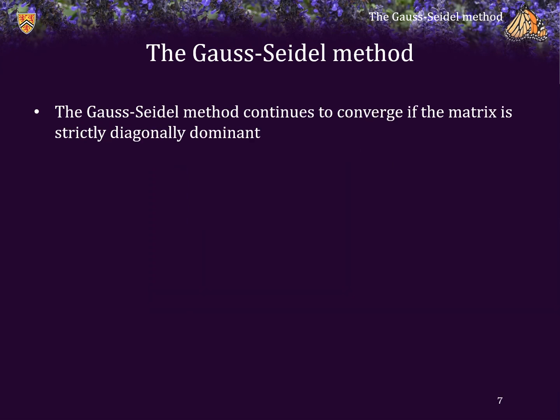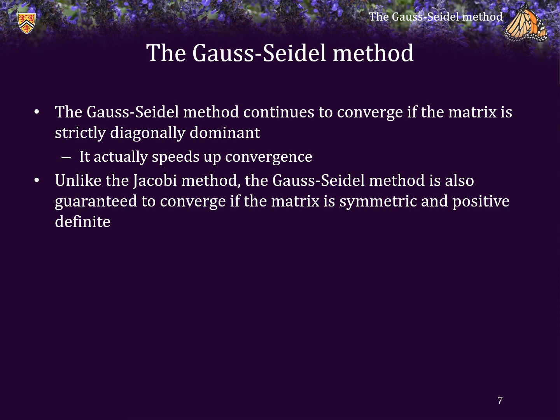Now the Gauss Seidel method continues to converge if the matrix is strictly diagonally dominant. As a bonus, it actually speeds up the convergence quite significantly. Unlike the Jacobi method, however, the Gauss Seidel method is also guaranteed to converge if, for example, the matrix is symmetric and positive definite, a class of matrices that is very common in engineering.